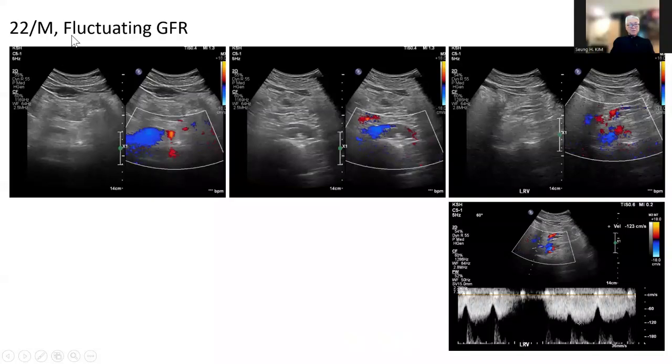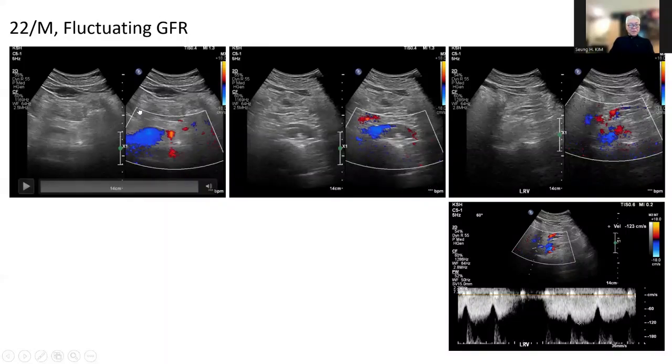A young man with fluctuating glomerular filtration rate. When I'm doing ultrasound in this patient, I first examine the right kidney in the left lateral decubitus posture, then examine the left kidney in the right-down posture, then have the patient lie supine and examine the other parts of the abdomen, and lastly I examine the left renal vein.